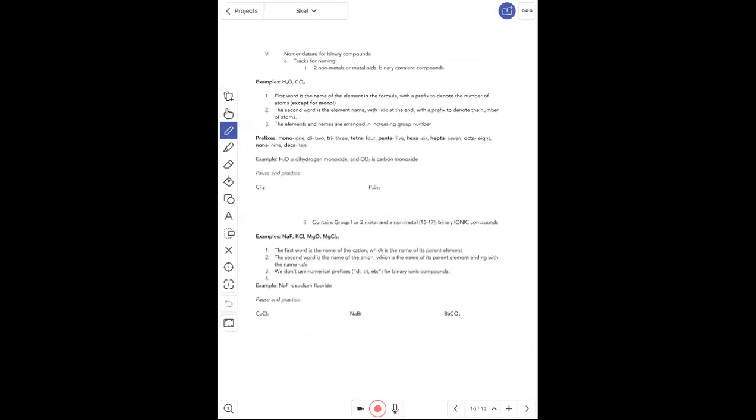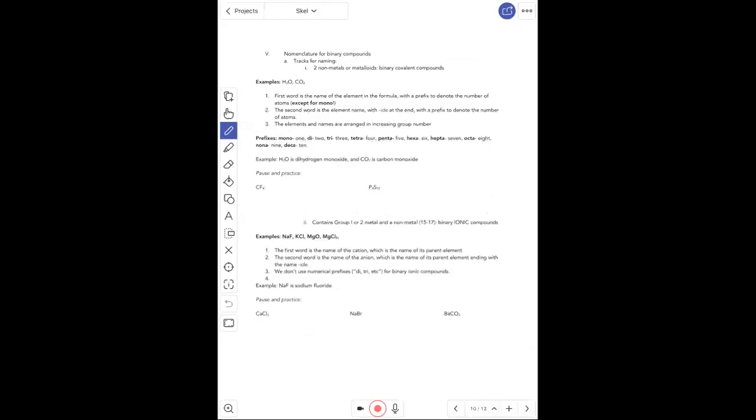In this situation, the first word is the name of the element in the formula with a prefix denoting the number. The second word is the numerical prefix, the first syllable of the element, with "ide" at the end. The elements are arranged in the order they are listed in the molecule, which is by increasing group number.